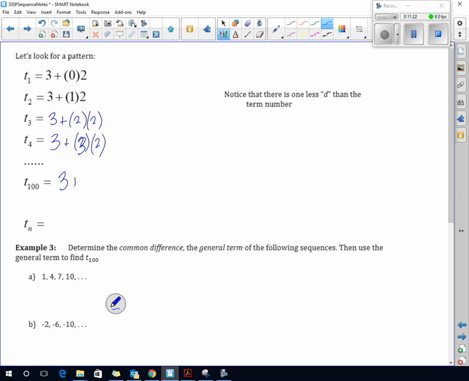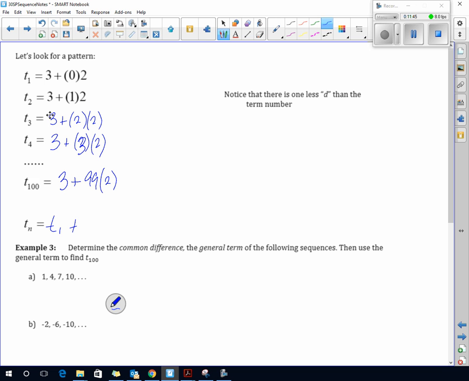So can we come up with a formula then? What's the formula? Okay, so I hear one person saying Tn equals T1 plus (n minus 1). Okay, did you see that somewhere that you got that? Okay, because that's pretty good.